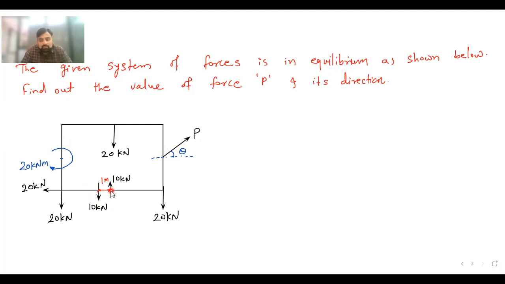So we have to solve this numerical. The distance is given. Now I see the next diagram. Here it is also given. This is 2 meter. This is also 2 meter. The same thing is given.